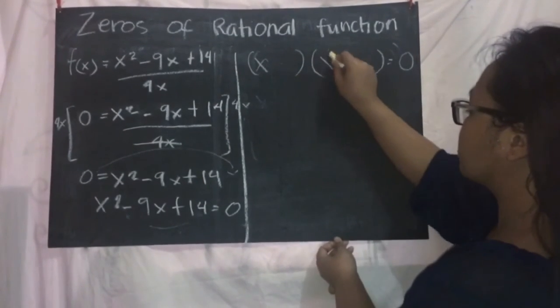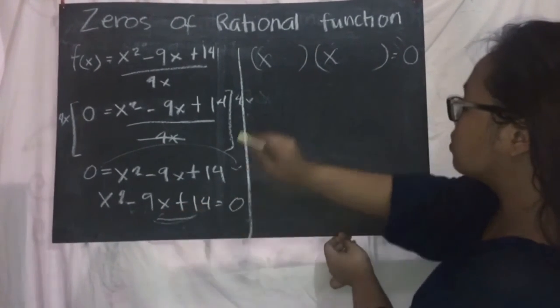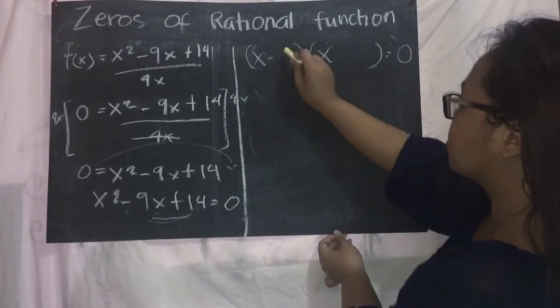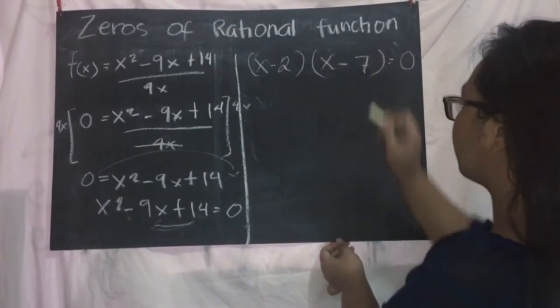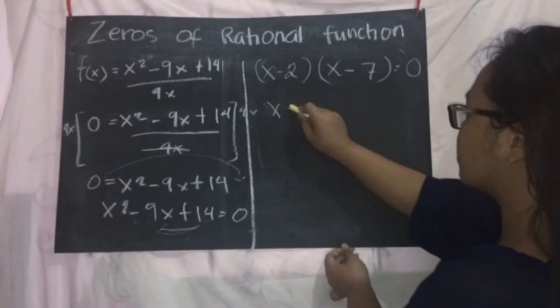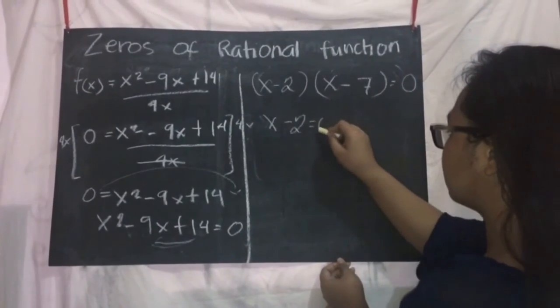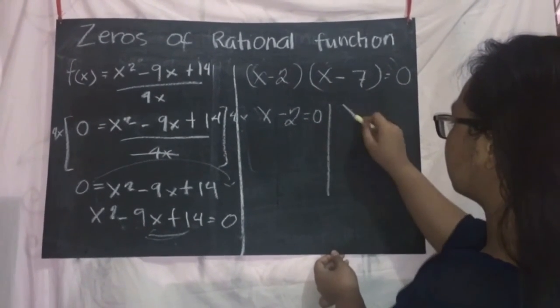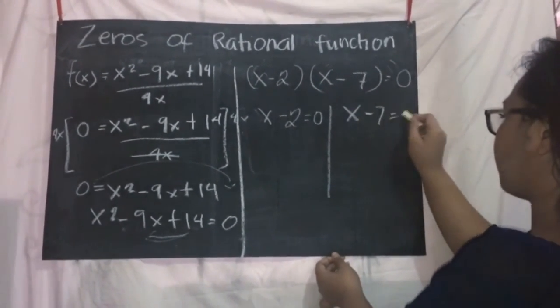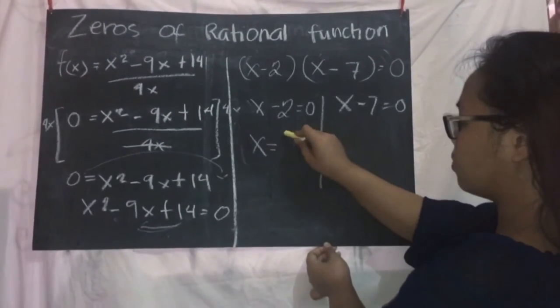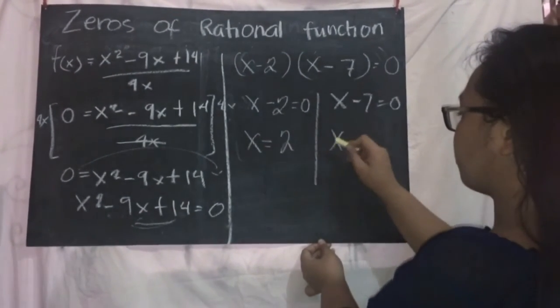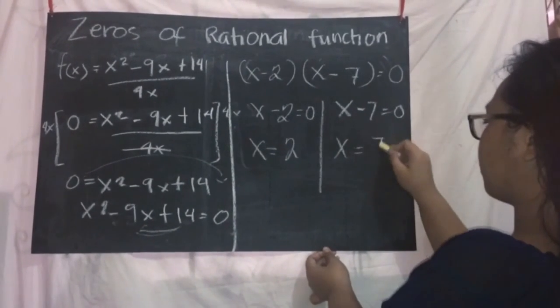And then we need to find the factors, so x minus 2 and x minus 7. We must separate these two factors and equate them both to 0. So x minus 2 equals 0 and x minus 7 equals 0. So our answer will be x equals 2 and x equals 7.